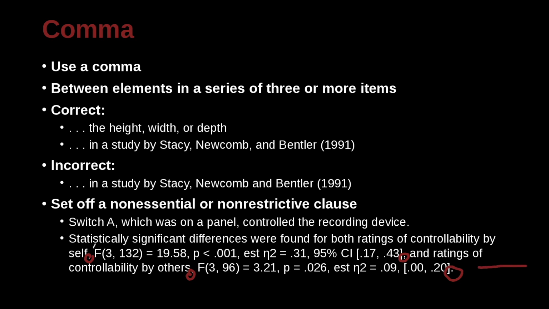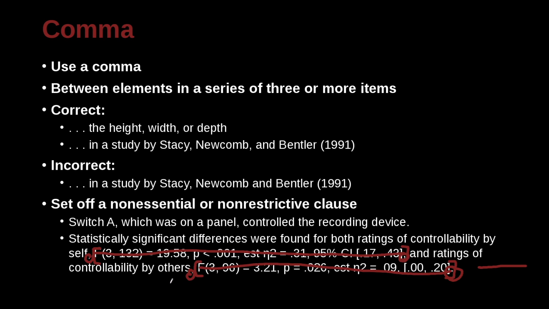So what are we doing? Well, here we're doing the statistical information, the F-score, the degrees of freedom, the p-value, right? Is this very important? Well, yeah, it's important information, but do you need it for the sentence? Well, let's do our test. If I cut this out, and if I take this other piece and cut that out too, and now I read the sentence: Statistically significant differences were found for both ratings of controllability by self and ratings of controllability by others, period.